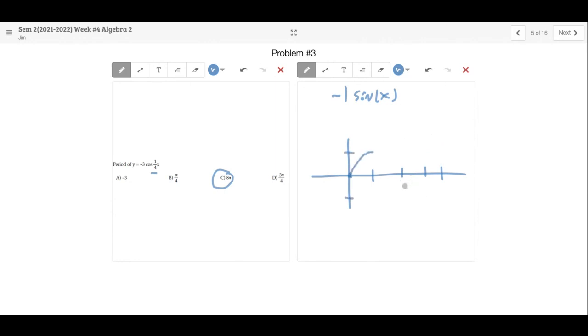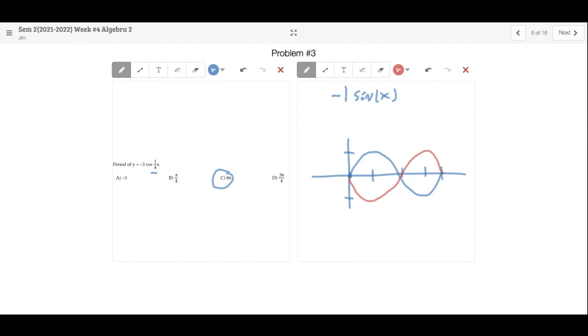So it goes up here, then it comes down, and it goes back up. If there's a negative in front, it does exactly the opposite. It goes this way. That's what the negative does. It just flips it over.